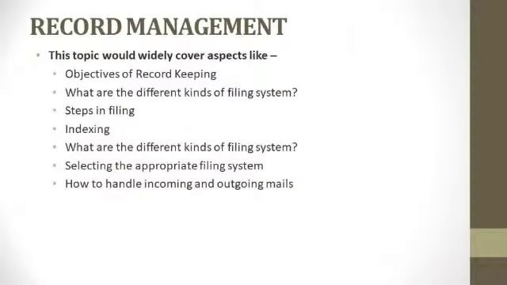The most important part in a filing or record management is indexing. Indexing means creating an index. Just like our books, our textbooks, our reference books have an index. So we easily know we want to study Unit 2, so we straight move on to that page number. Similarly, indexing is very important.